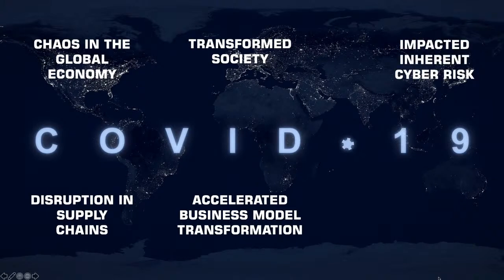It's had a massive impact on the inherent cyber risk level of businesses. So again, to remind ourselves what the inherent cyber risk level is, that's the inherent risk a business has depending on how it uses and leverages cyber related technology, the people, the processes, everything around providing those cyber-based services.